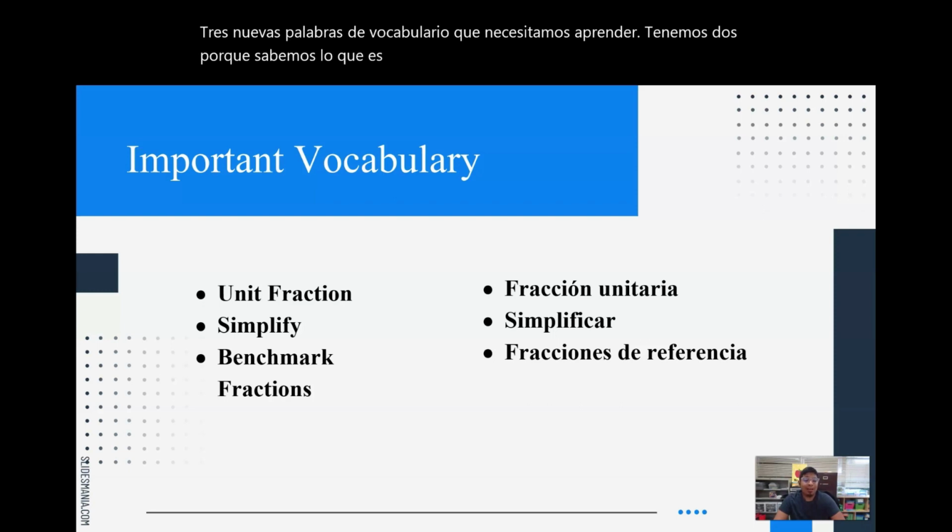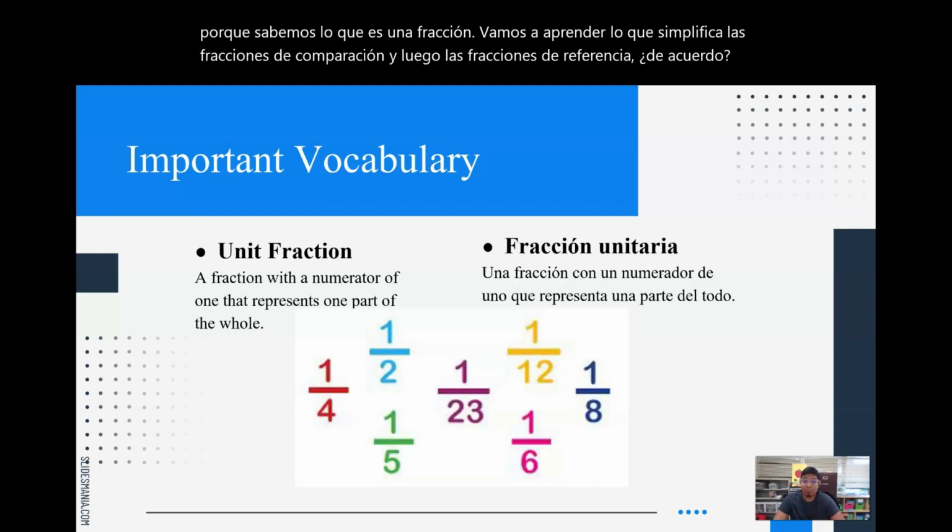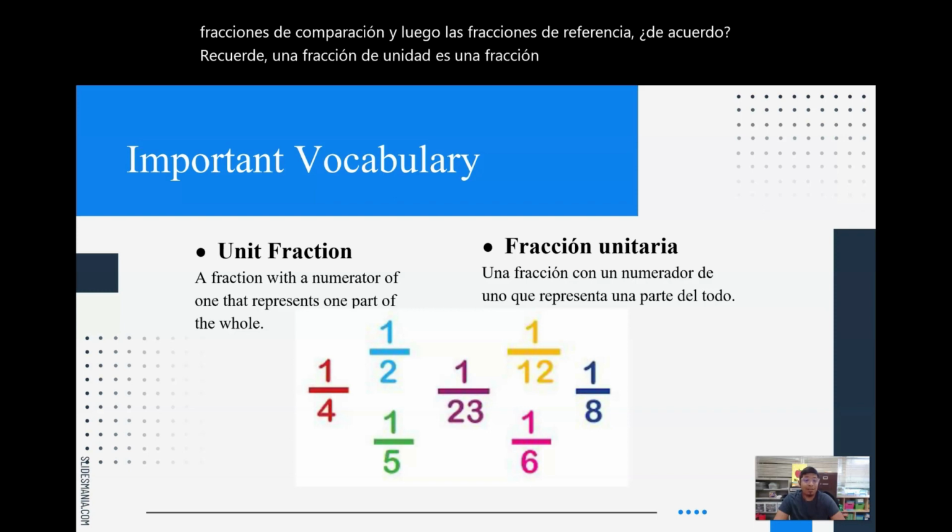We're also going to learn what simplify means, and then benchmark fractions, okay? Remember, a unit fraction is a fraction with a numerator of 1 that represents one part of the whole. So these are all unit fractions because there's a 1 as my numerator.